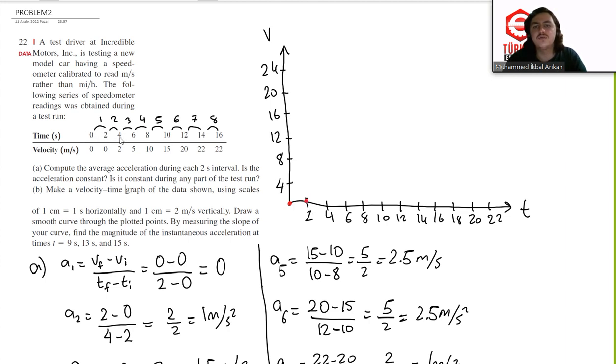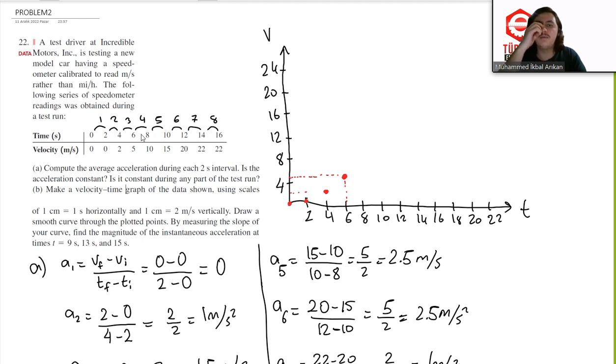So when time equals 4, our velocity will be 2. So I will get 2 here. When time equals 6 seconds, I have 5. So I will be here for velocity, and for time I will be there. So this is my fourth point.